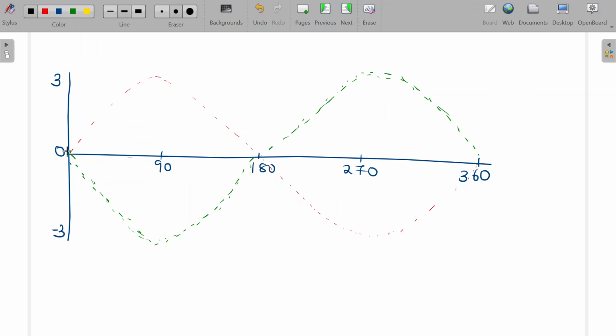So if here there's a 0, I'll add the 90, meaning that this point which is here will come here. Then this point which was negative 3 when it was at 90 is going to move to this point here.